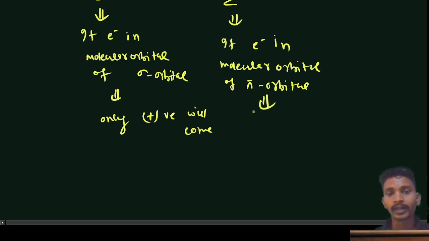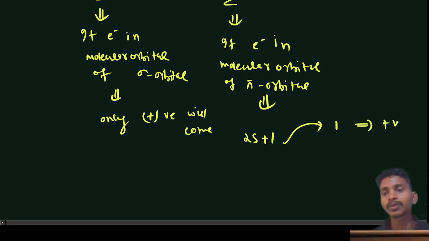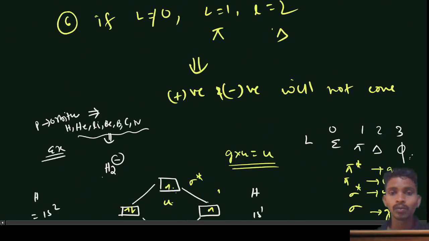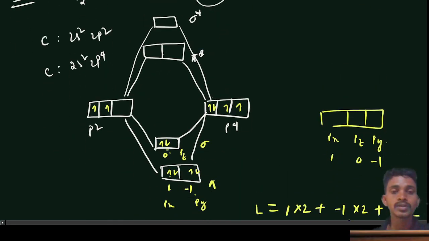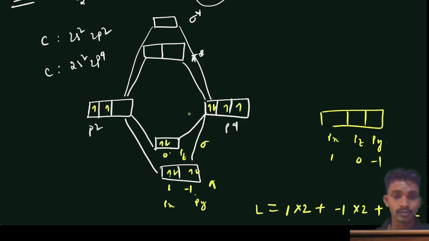And if it is pi orbitals, then we go for 2S plus 1. If this value is 1, then a positive value comes, and if it is 3, then it will come negative. So these things we have to look at. Here the last electrons are in sigma orbitals, so this always gives positive values.